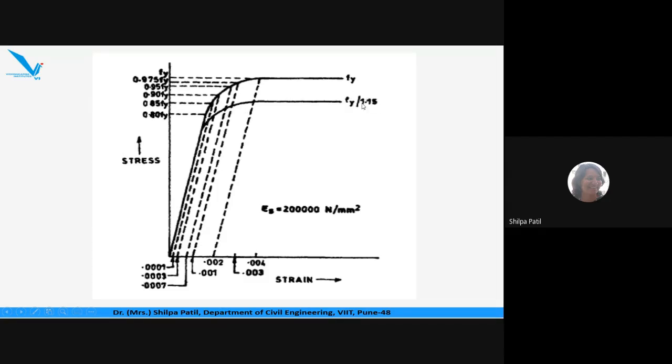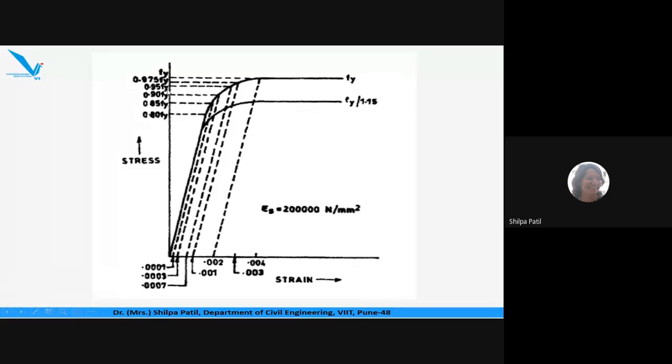So design stress values we obtain by applying a partial safety factor. For steel, it is 1.15. So this curve corresponds to design stress, in which the Fy value should be divided by 1.15. That's why the curve is represented like this, Fy upon 1.15.